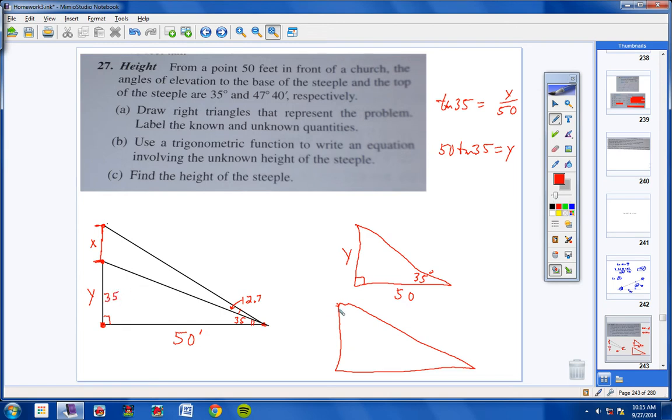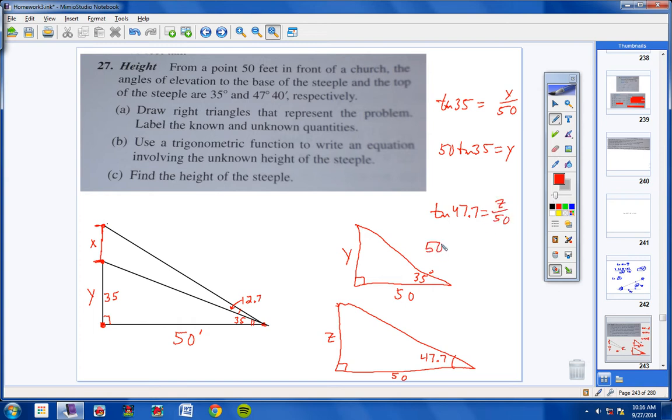Now I'm going to find the entire length from here all the way down. We're going to call that z, I guess. So here's my big triangle. I know this is still a length of 50 right here. This is a right angle, and this whole angle here would be 47.7. So using tangent: tangent of 47.7 equals opposite over adjacent.